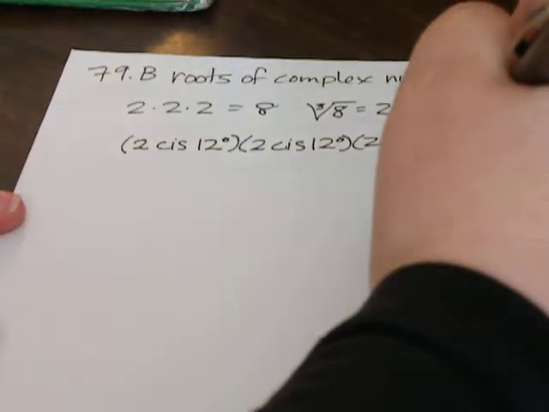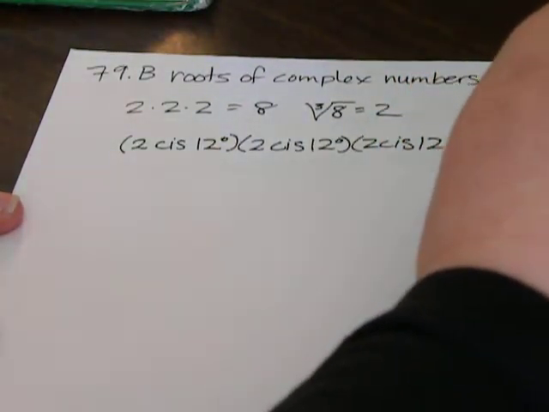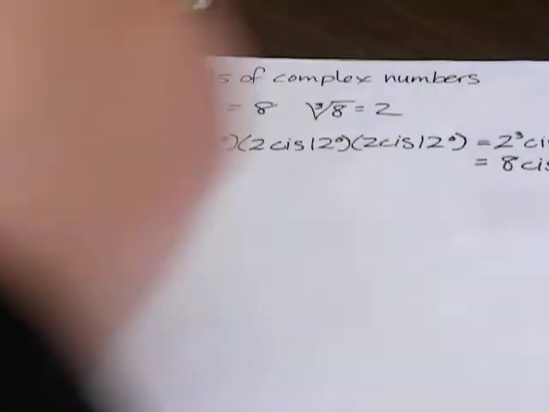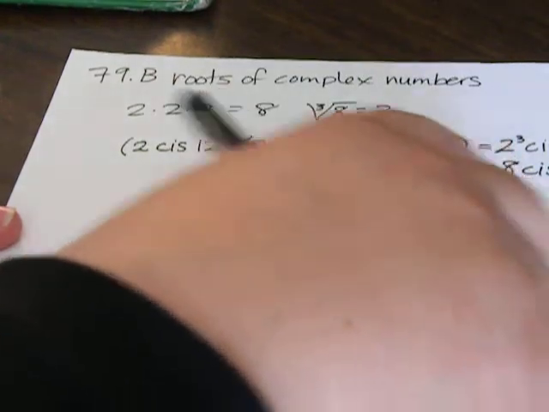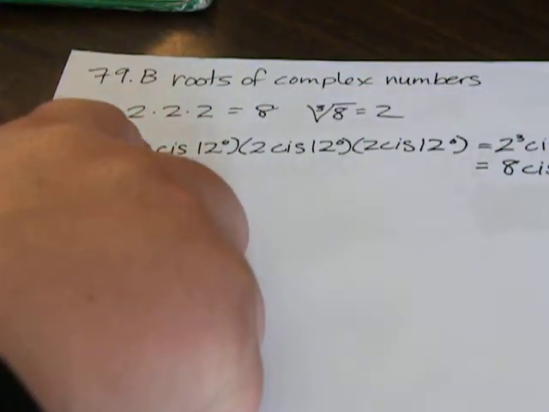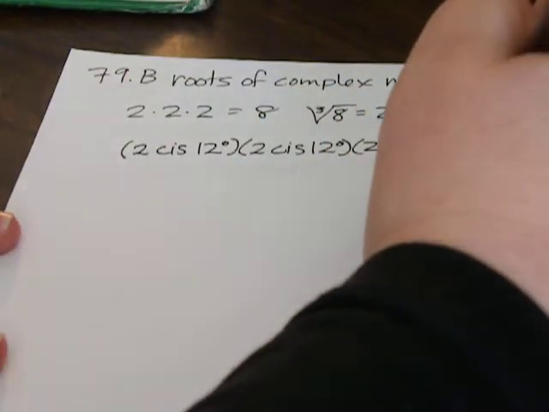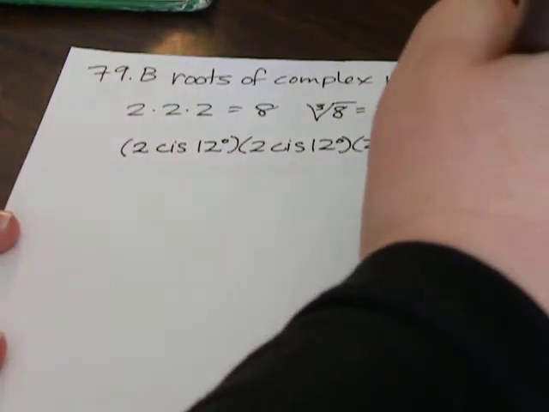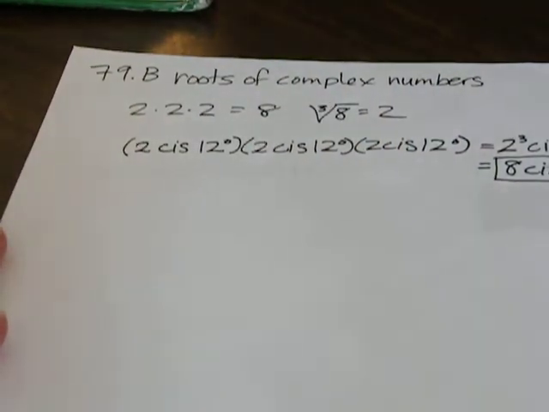So our answer ends up being 8 CIS 36. Okay, so we know that the cube root of 8 CIS 36 is 2 CIS 12. Well, that's only one of them. One of the cube roots of 8 CIS 36 is 2 CIS 12. There are actually 2 more.